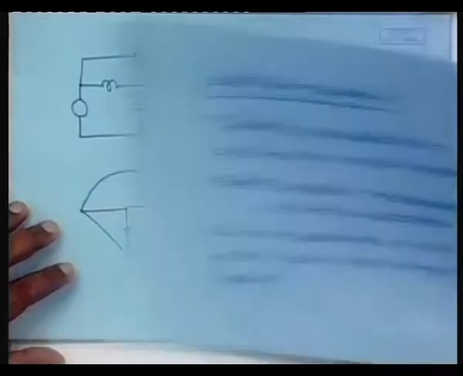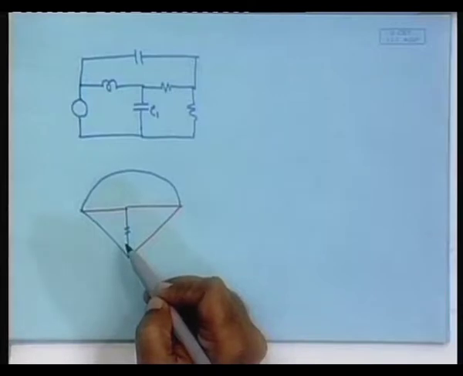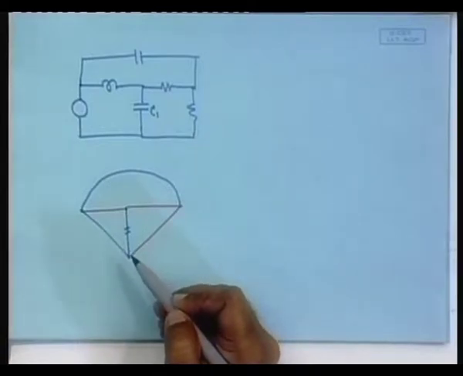What is the basic cut set? It is a cut set that includes only one tree branch.